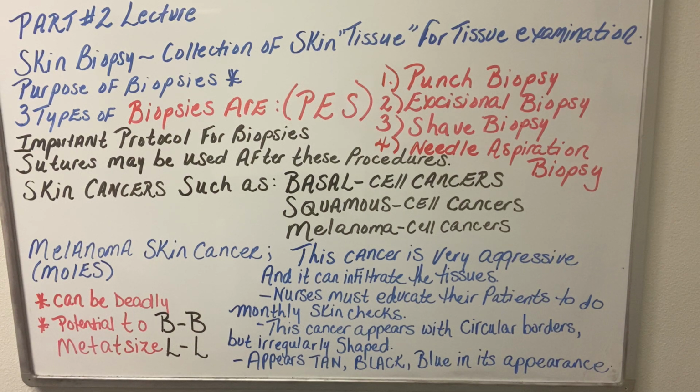Now, there are 3 types of biopsies that are very common, or I would say 4 rather, but let's talk about the top 3 first, and we'll talk about the 4th one as well. The first one I have up there is called a punch biopsy. A punch biopsy is a collection of tissue, and they take about the size of an eraser. It's very small. It's a circular type of device.